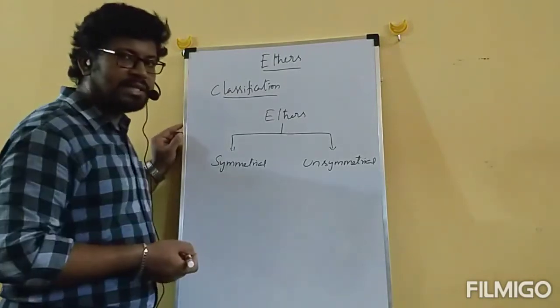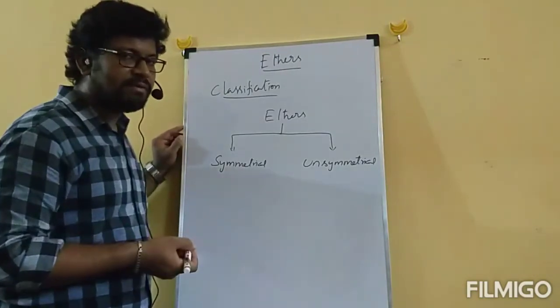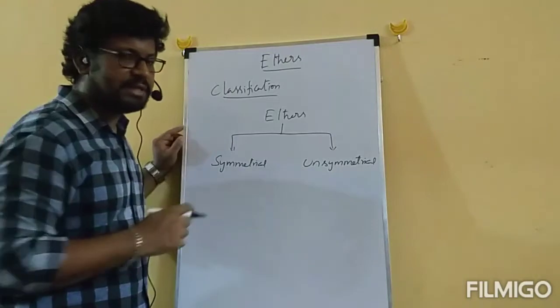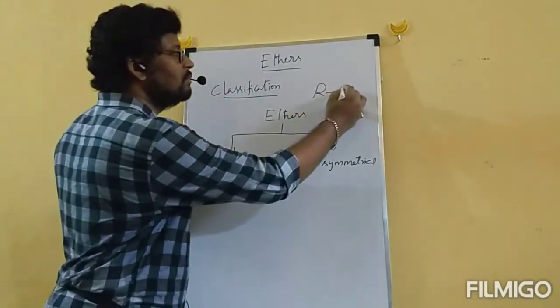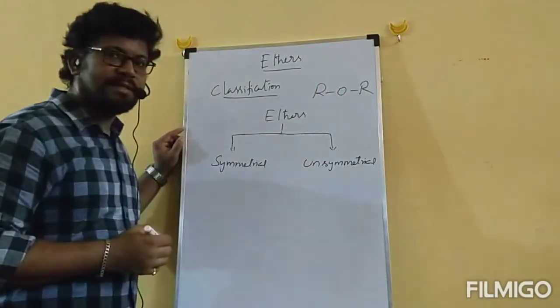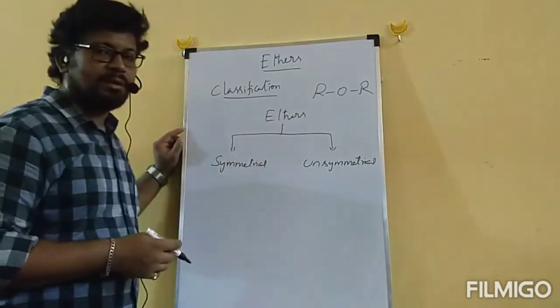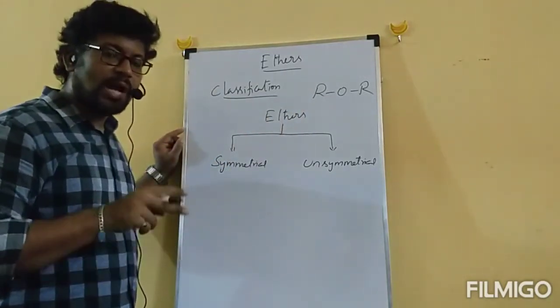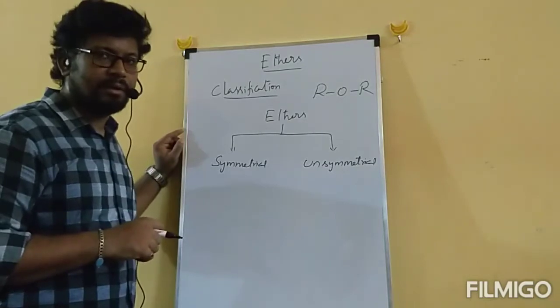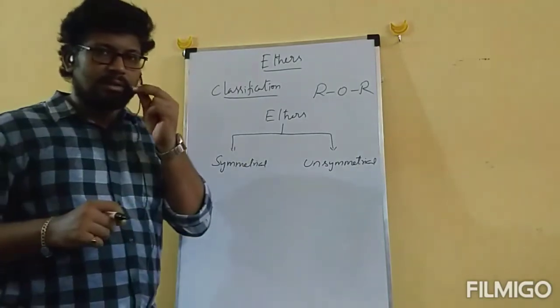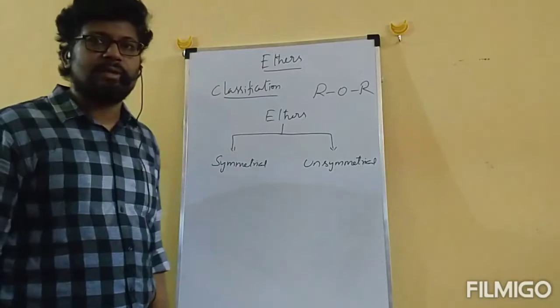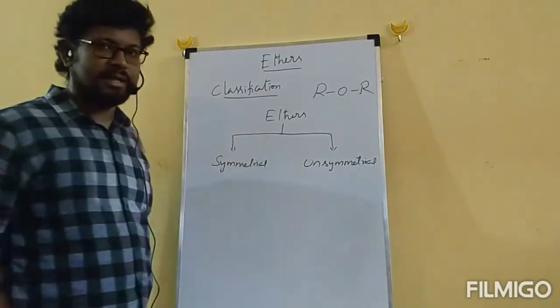We know the general formula of ethers, ROR, in which two alkyl groups substitute the two hydrogens present in water. Water formula is HOH. When the two hydrogens are substituted by two alkyl groups, it is called ether.